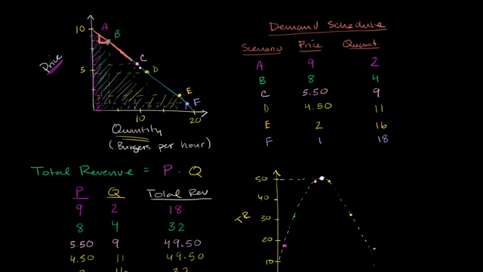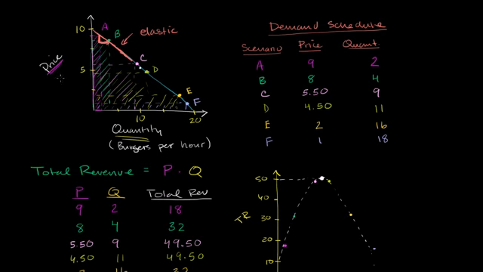But that 1 down in price is a very small percentage of price because our prices are high here, and it's a very large percentage of quantity right over here. So you get huge changes in percent quantity for very small changes in price in this part of the curve. So this part of the curve is elastic. Or you could say that its price elasticity for demand is greater than 1. You get larger changes in percent quantity for a given change in percent price.